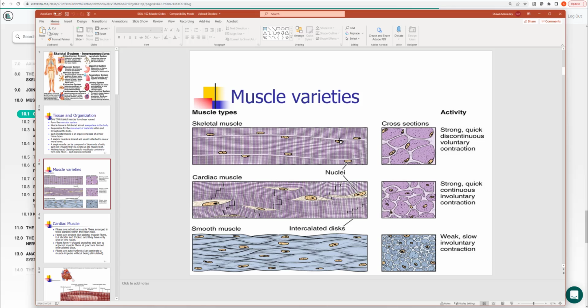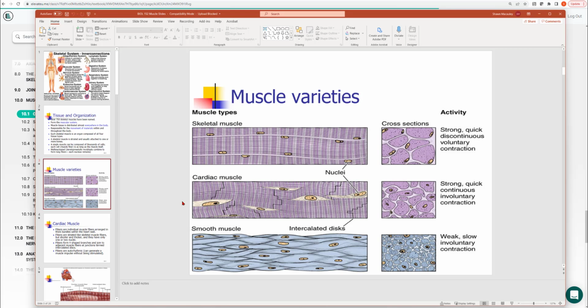And we see the multiple nuclei along the cell. Now, skeletal muscle is considered strong. It's very quick. It's voluntary, and it's discontinuous. What does this mean? You can have your arm down to your side all day, and you only have to use your biceps brachii occasionally. Your biceps brachii is not continuously working.